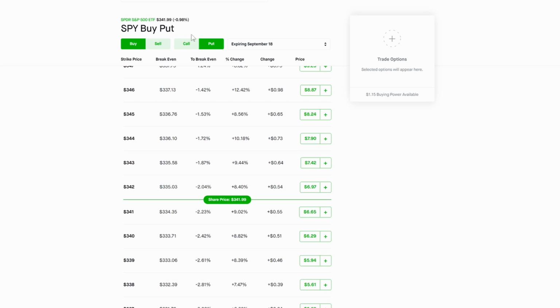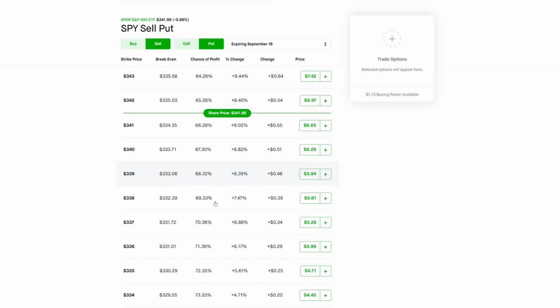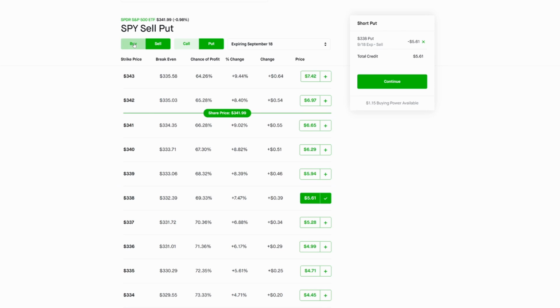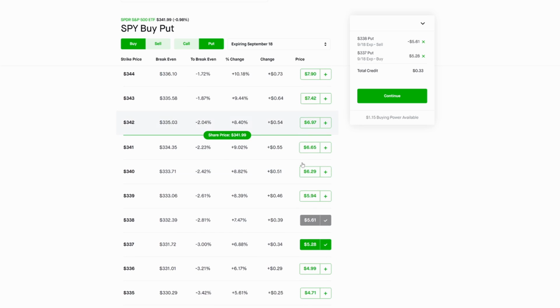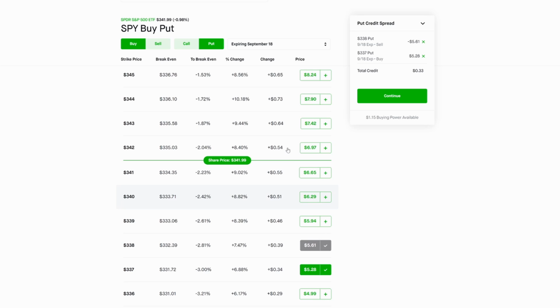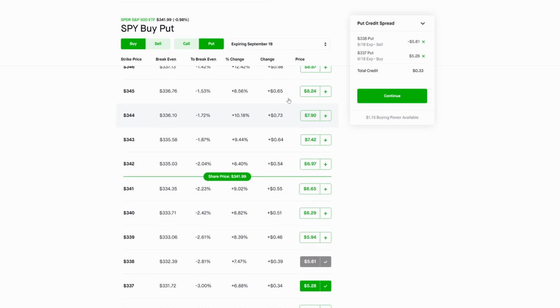So to create an iron condor, you first do a call credit spread or a put credit spread. So we will sell the 338 and we will buy the 337 to create a put credit spread, and we always make sure the distance for the iron condor is equidistant. So 1, 2, 3, we will go up 1, 2, 3 strikes higher.